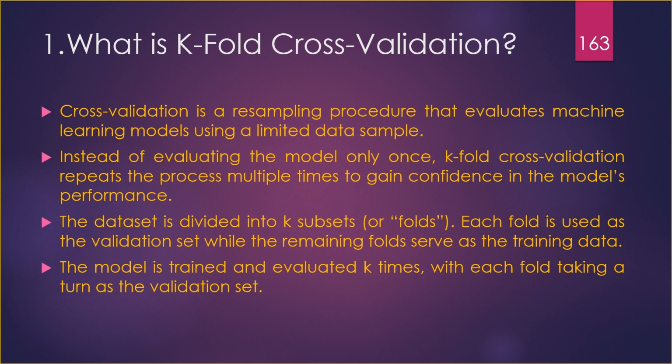Next time, what do we do? We take another 4 pieces as training data, and the last one which is left will be used as test data. So in this case, the training data set changes, right?